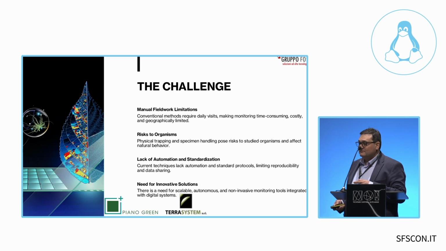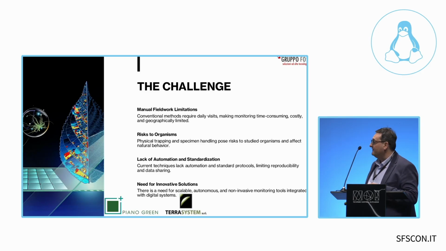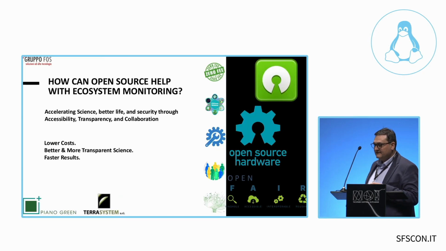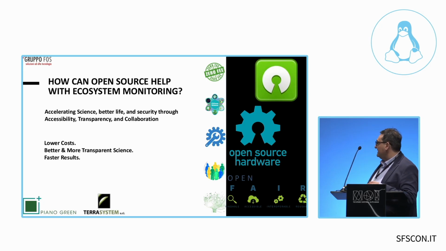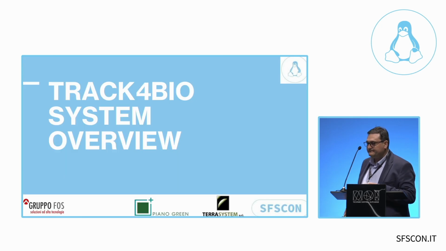So the challenge is to find something for understanding, controlling, and counting, and to see how this insect is doing. So we used open source things for that. We use open source hardware, open source software, and we use OpenFair.